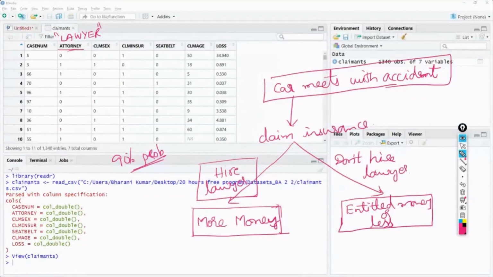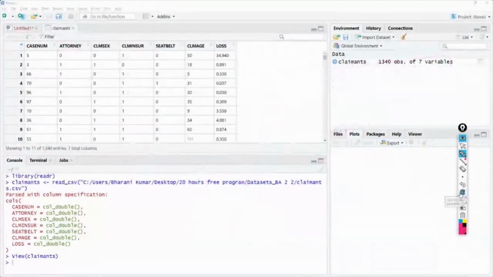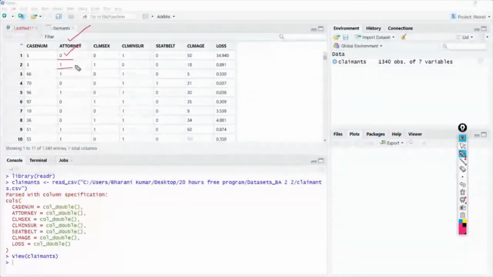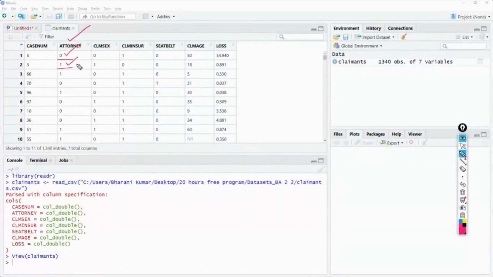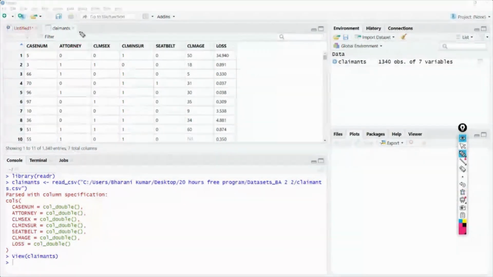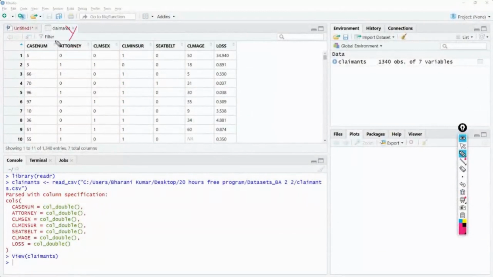So that is the business problem here: predict upfront whether a person will hire an attorney or not. This has two values. 0 means will not hire an attorney, 1 means will hire an attorney. And this is the output variable that you want to predict.